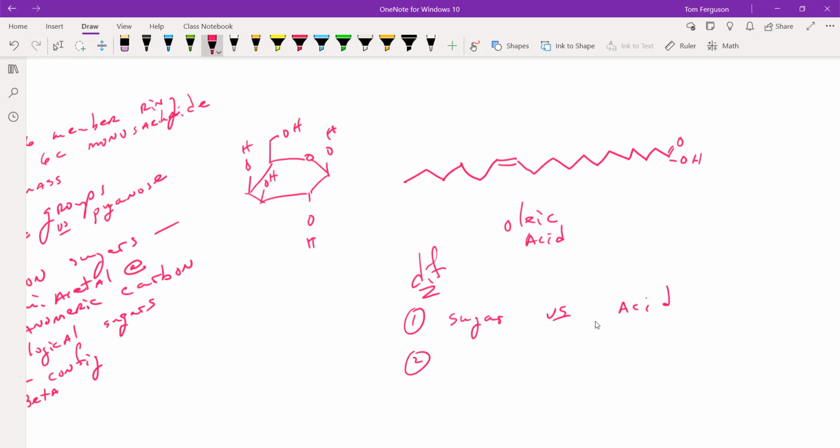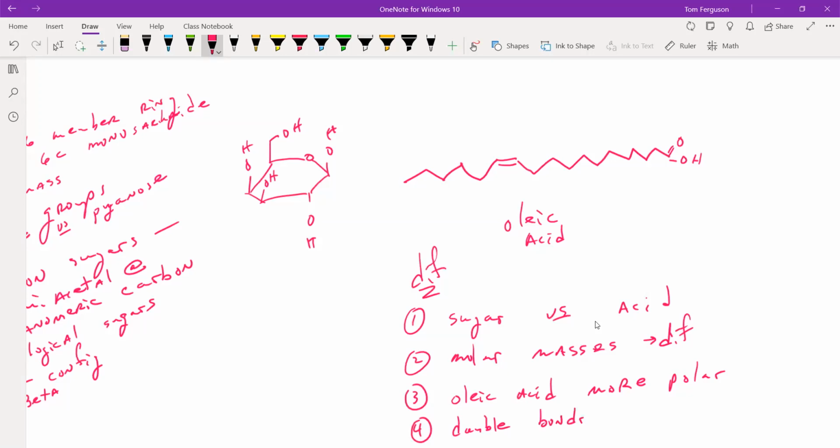The most obvious difference is that the masses are different. Galactose is more polar. Oleic acid has a double bond.